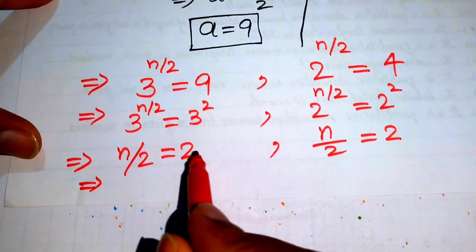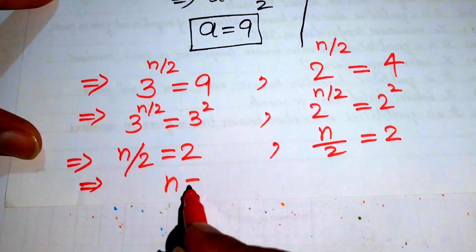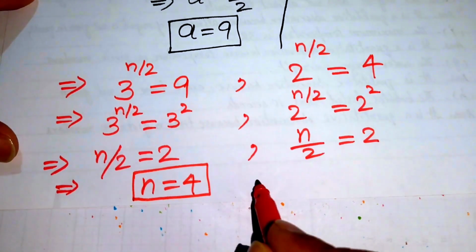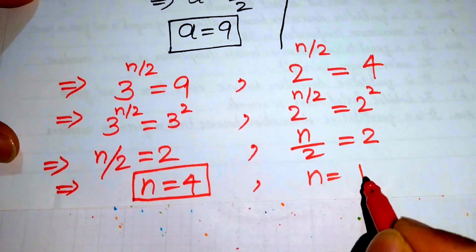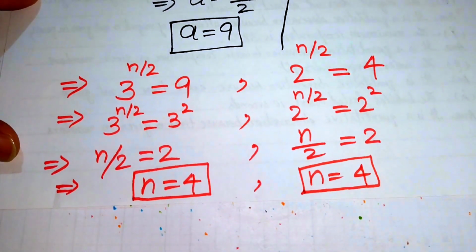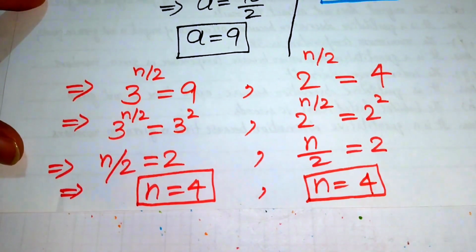Now we move this 2 to the right hand side, and you get the value of n equals 4. Similarly in this case you also get n equals 4. So in both cases we get the value of n equals 4.